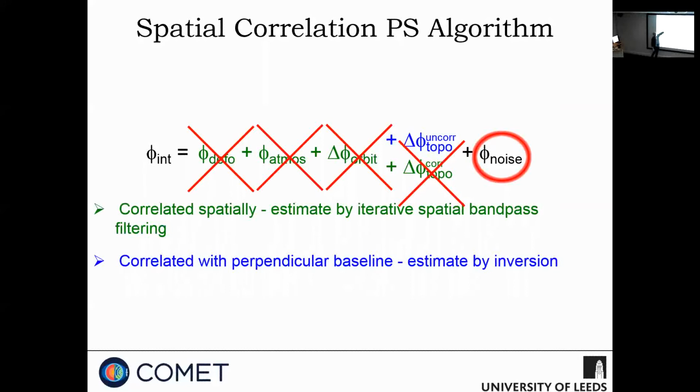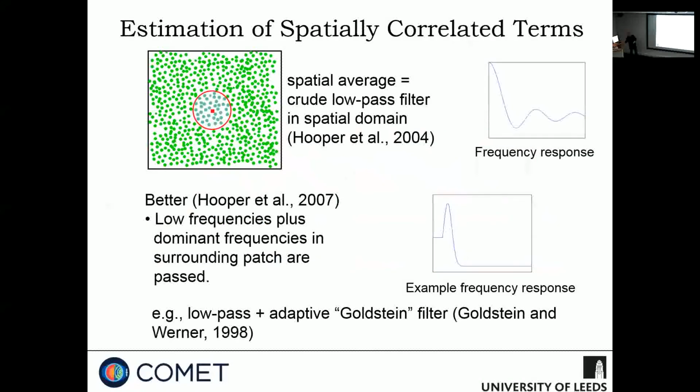So, the way you estimate that is by just estimating the average phase. And there is a trick to that. This is the point which you're interested in testing. You take the average phase of all the other good pixels around it.